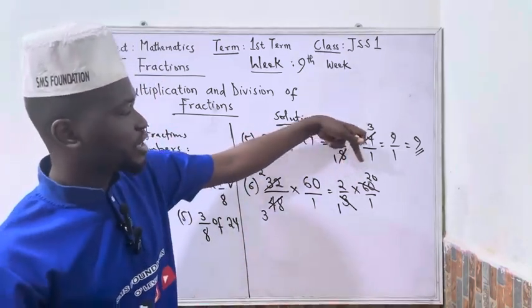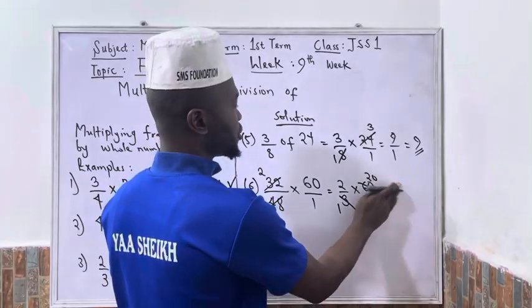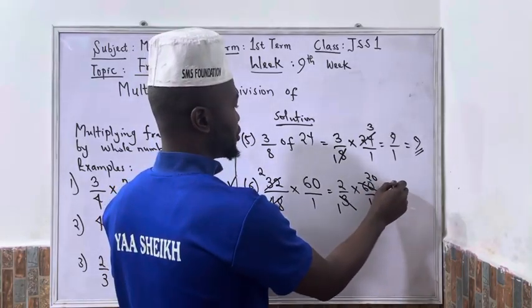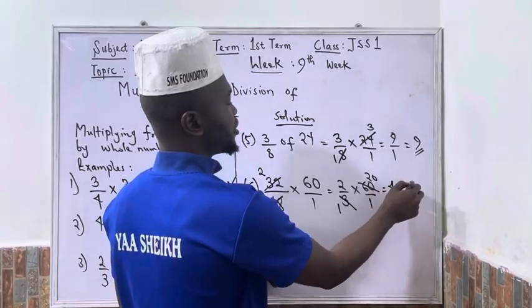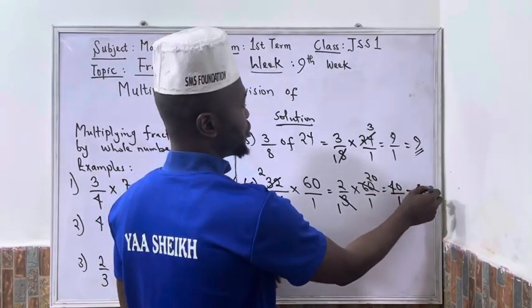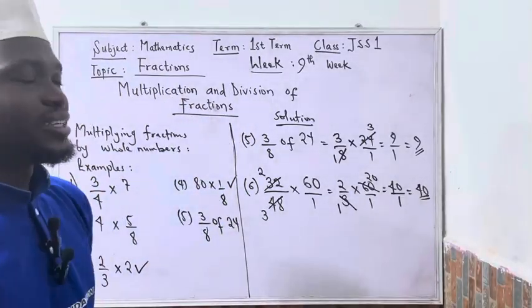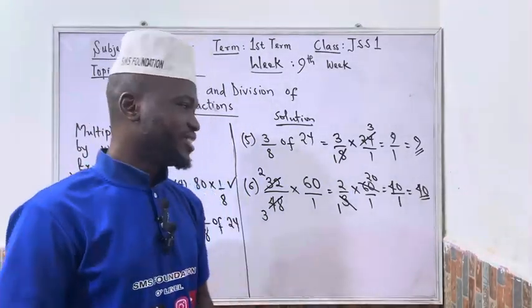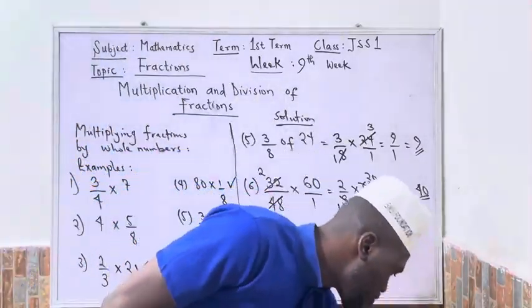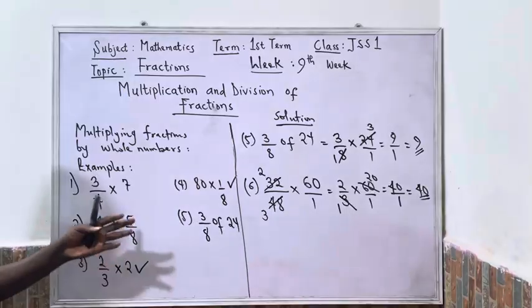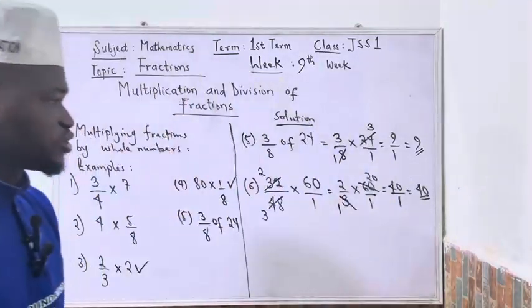Now I have 2 times 20, that will give me 40 over 1 times 1, that will give me 1. So 40 divided by 1, that is just 40. So it's as simple as that. You can see fractions can be so easy. Now that is how we deal with multiplication of fractions by a whole number.